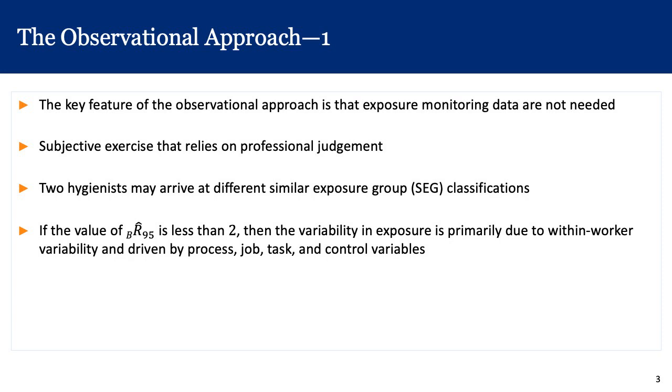It's a subjective exercise that relies on professional judgment, and it is likely that two different industrial hygienists may arrive at different SEG classifications. If the value of the R95 is less than 2, then the variability in exposure is primarily due to within-worker variability and driven by process, job, task, and control variables.